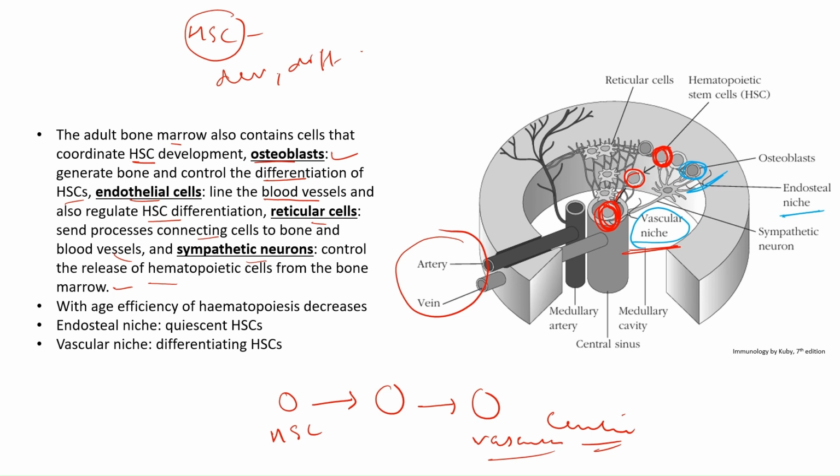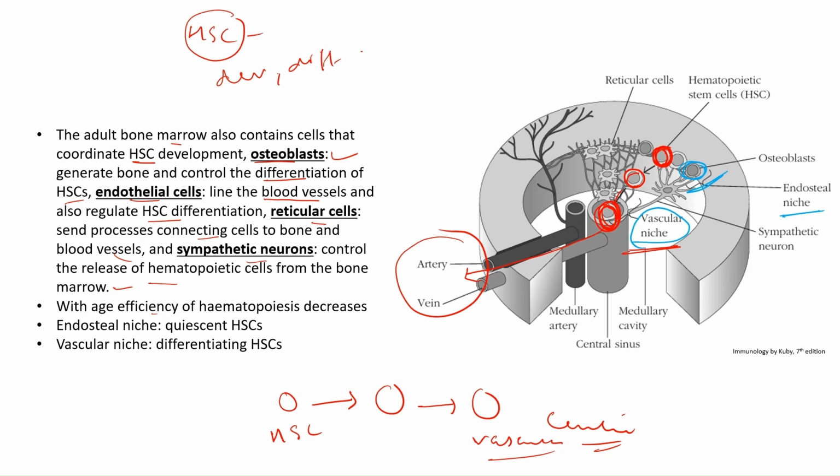From here the differentiated cells, that means T cells, B cells, NK cells, erythrocytes, will enter our blood vessels and get supplied to the whole body. So always the undifferentiated cells are present on the boundaries and the differentiated cells are present in the center, because from the center the arteries and veins are connected.